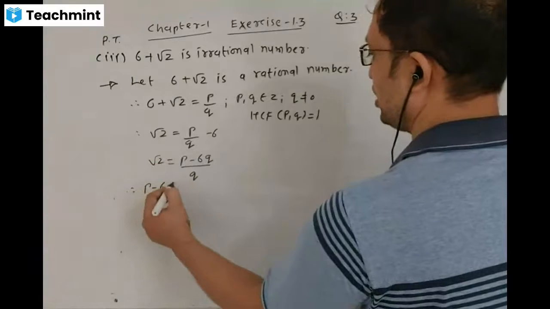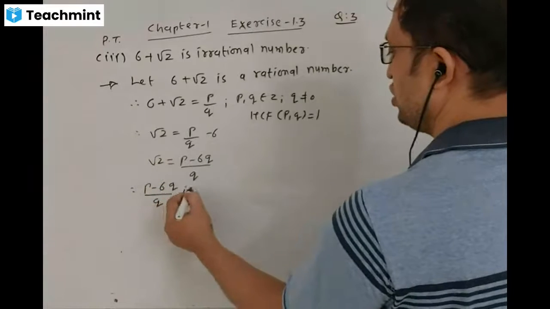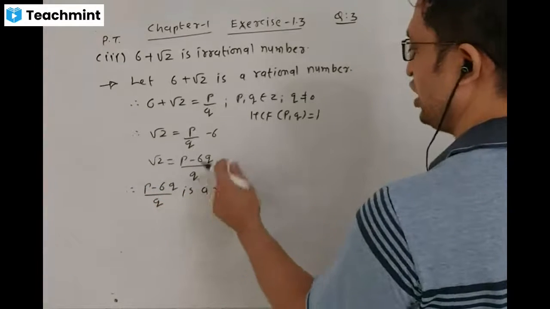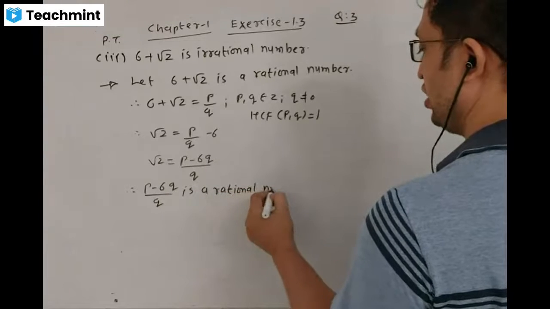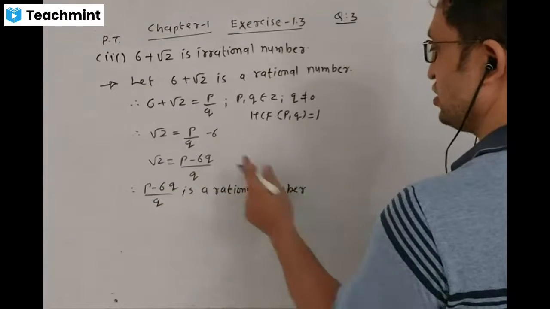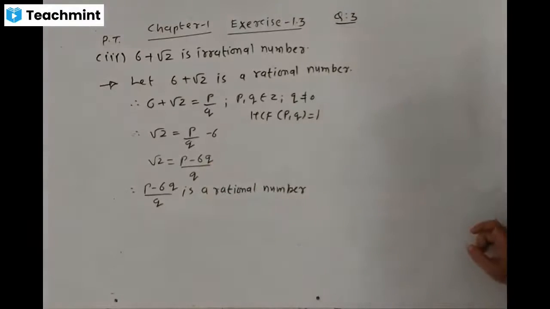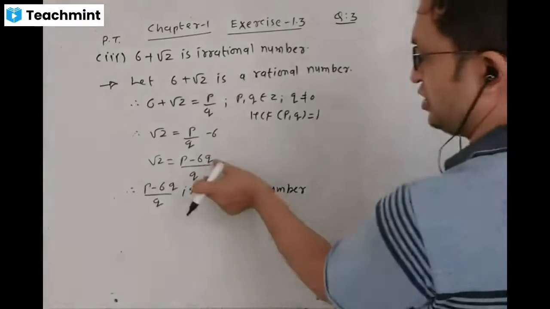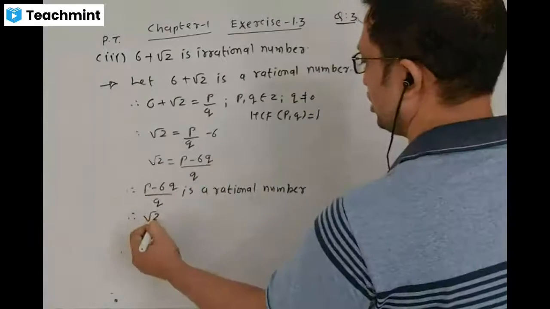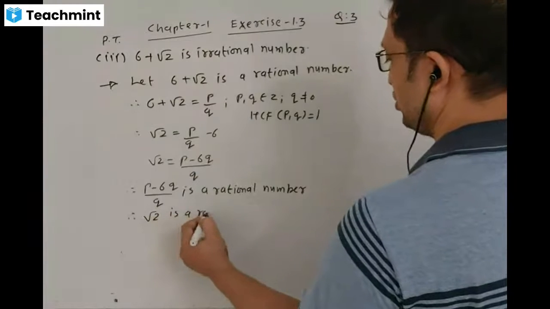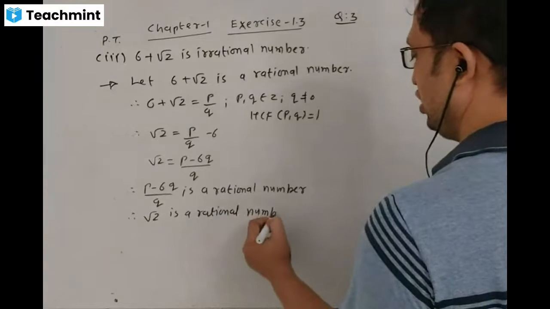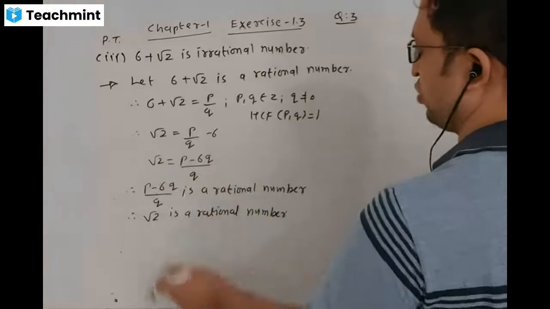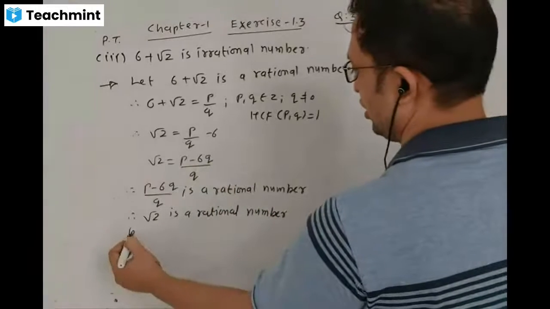That form is A by B, so root 2 is a rational number.